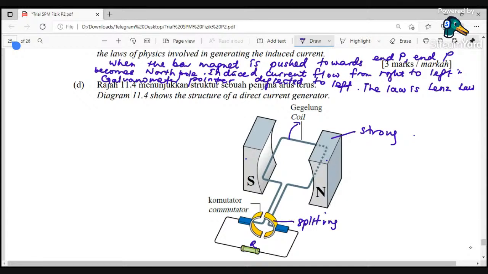The coil needs more turns, and the movement must be higher speed. Rotate the coil faster. Another one will be the diameter of the wire used and so on.